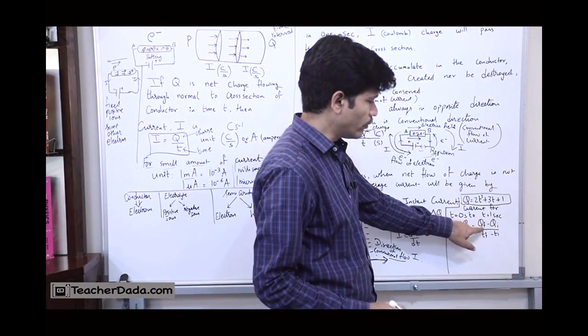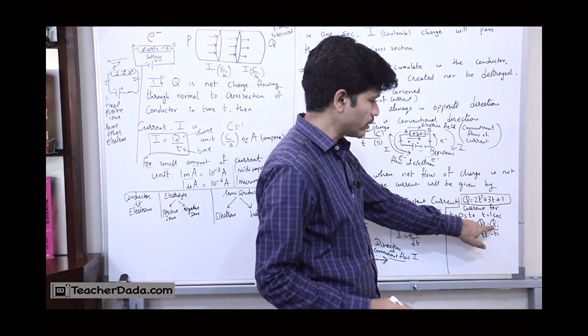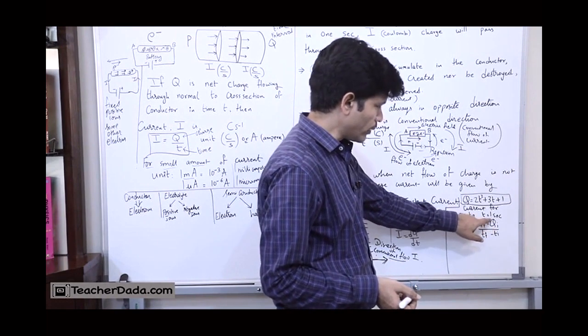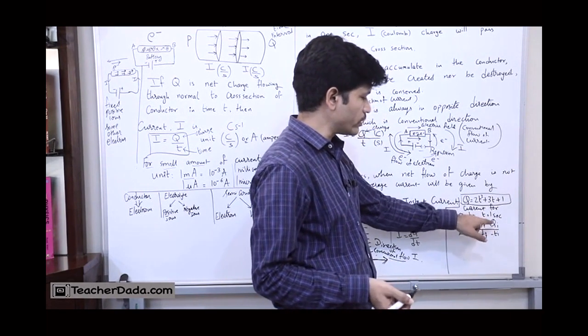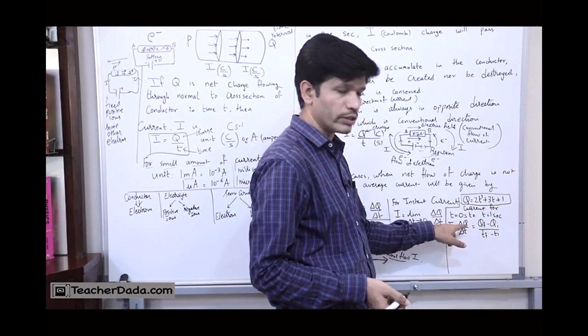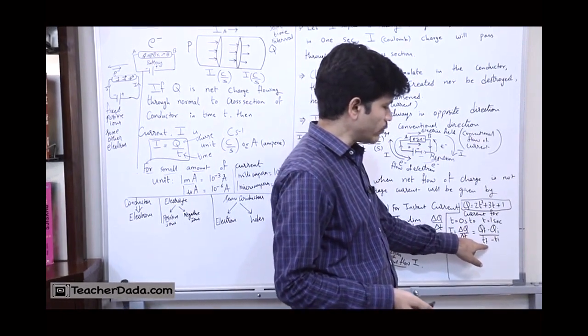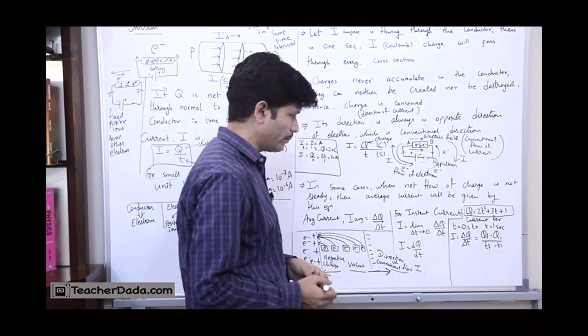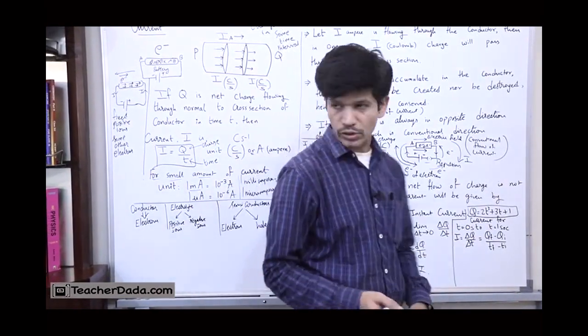Now what is QF? QF is the final charge minus QI, the initial charge. Final charge means it will be for the time 1 second, and initial charge will be for the time 0 seconds, and TF will be the final time minus initial time. Okay, so let us solve over here.